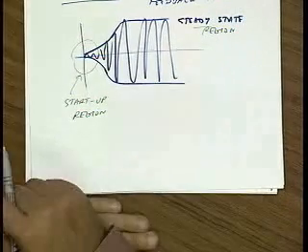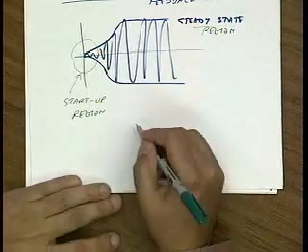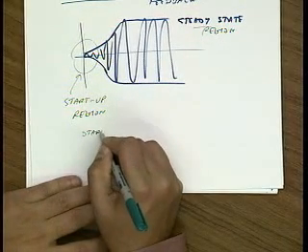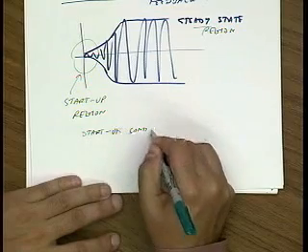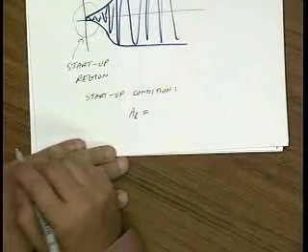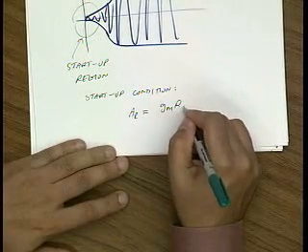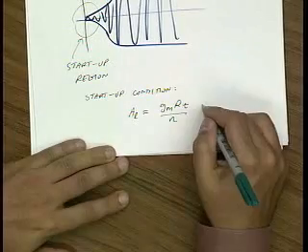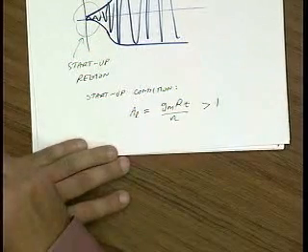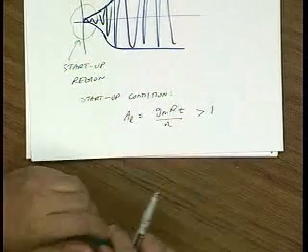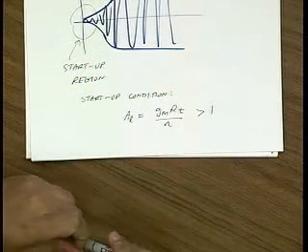Now, we made the observation that our startup condition is that the initial loop gain, which we showed as gm times R_tank divided by n, where n is the feedback factor, has to be bigger than 1. Last lecture we showed that if this condition is true, the poles are in the right half plane.